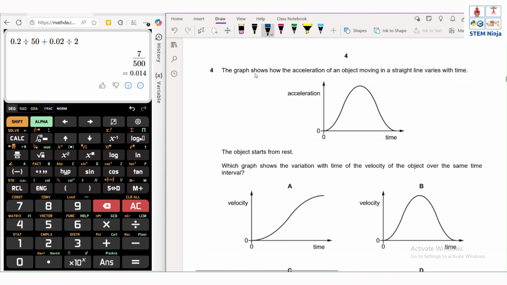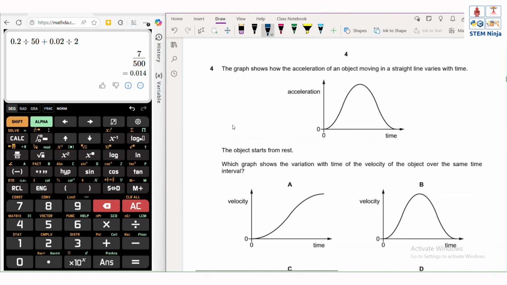The graph shows how the acceleration of an object moving in a straight line varies with time. The object starts from rest. Which graph shows the variation with time of the velocity of the object over the same time interval? Okay. So the acceleration starts from 0 and ends at 0 again.